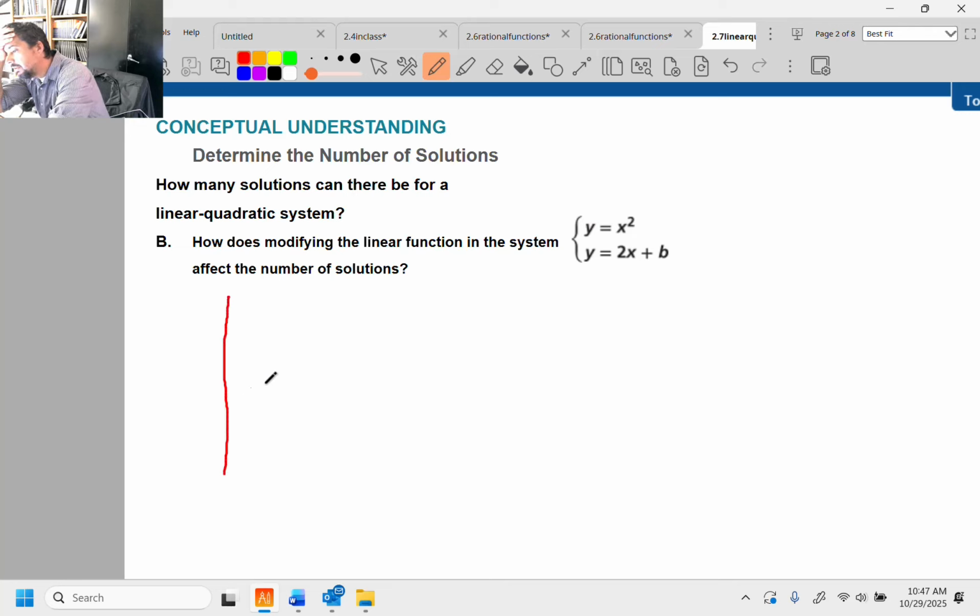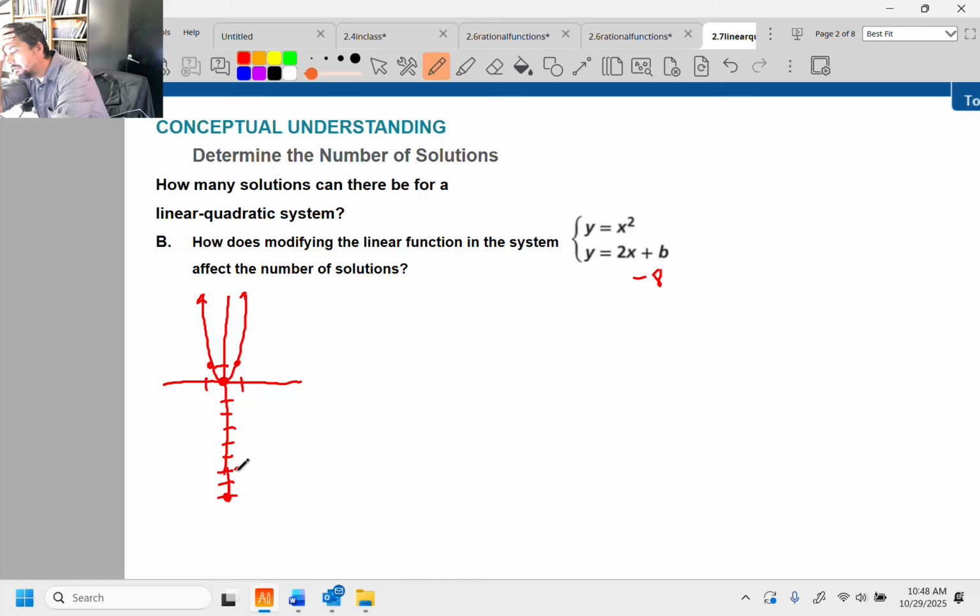So let's just go ahead and do a couple of graphs. We'll do y equals x squared. Obviously, that one's not going to change. Looks something like that. And let's make this a, I don't know, a -8. 1, 2, 3, 4, 5, 6, 7, 8.